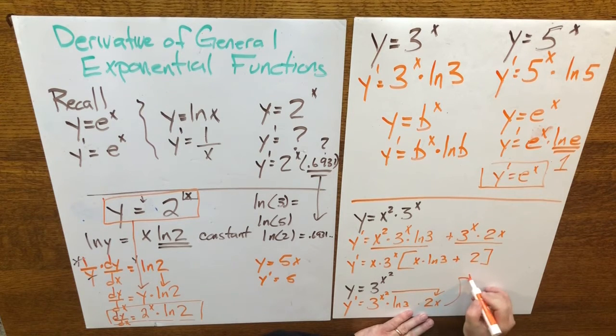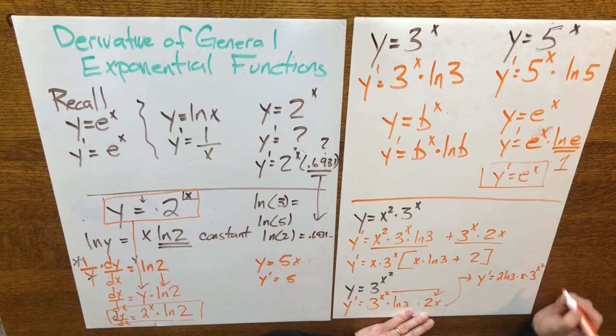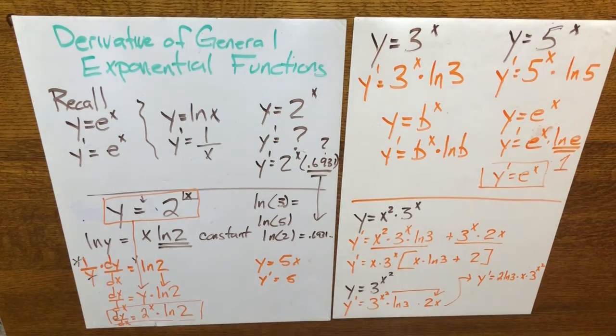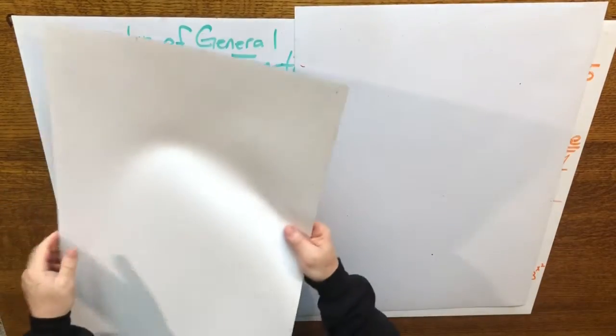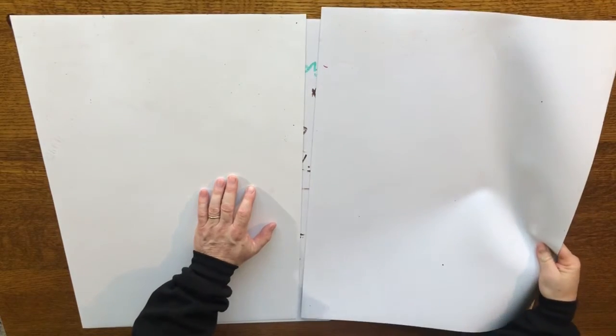We would simplify that one to be y prime equals 2 ln 3 times x times 3 to the x squared. So from there, we'll take a look at some more complicated examples and see how we can make out.